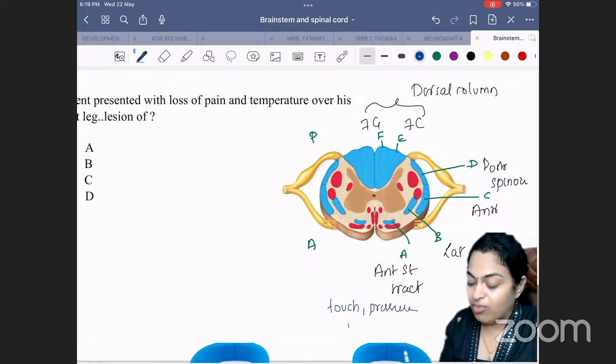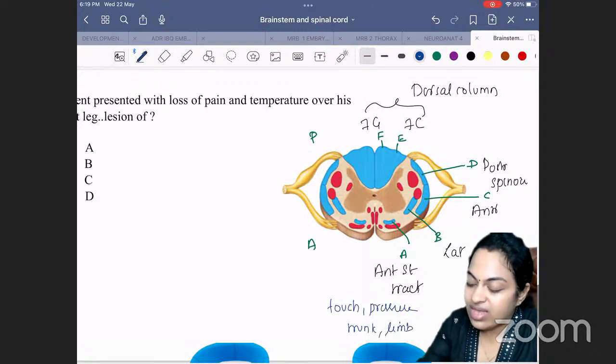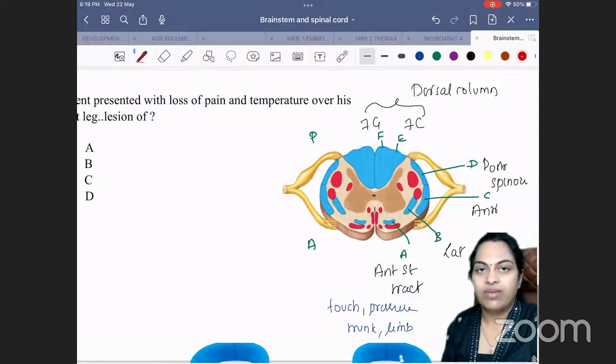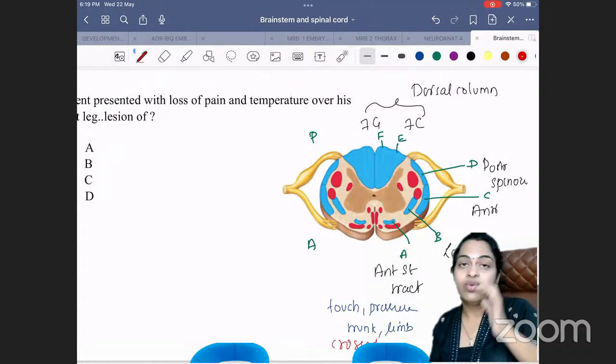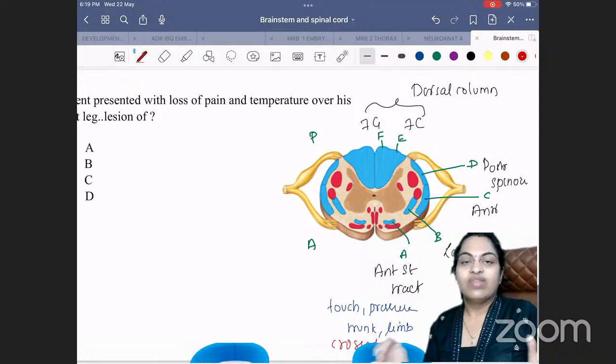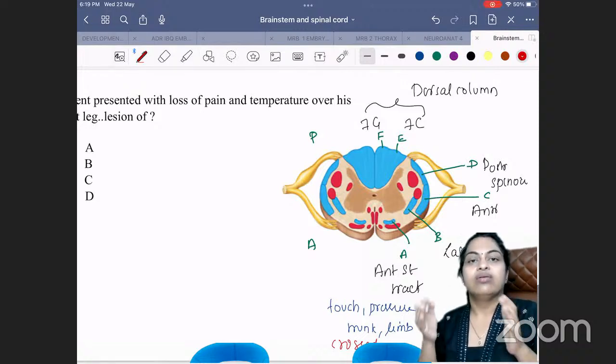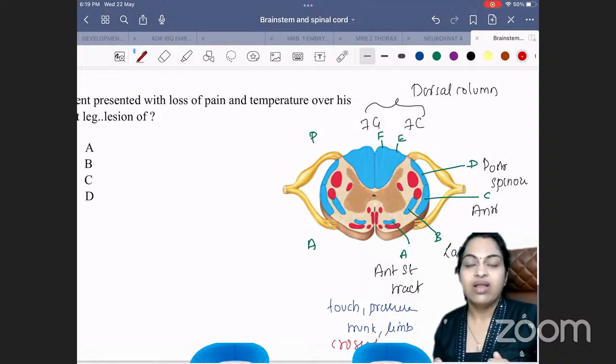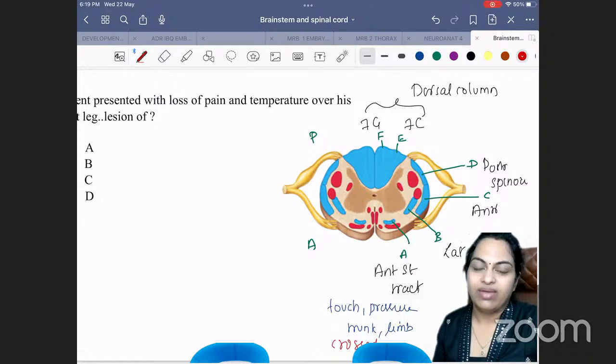From which part of the body? From the trunk and from the limbs. The very next thing you should be able to tell me is whether it's a crossed or uncrossed tract. It is crossed. So why are we worried about whether it's crossed or uncrossed? So if there's a lesion of the right side spinothalamic tract, patient is going to present with loss of pain and temperature over the left side of the body, right?